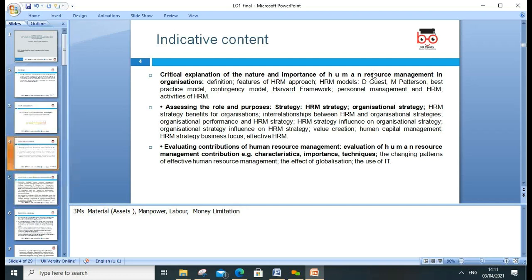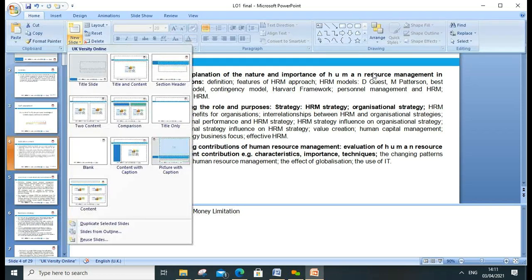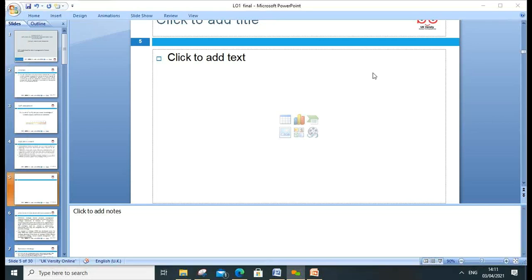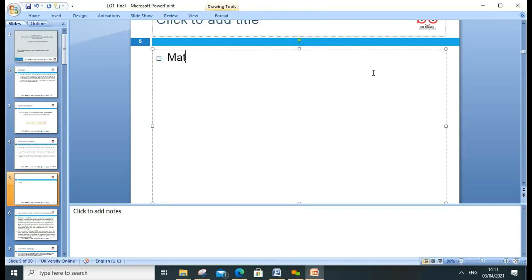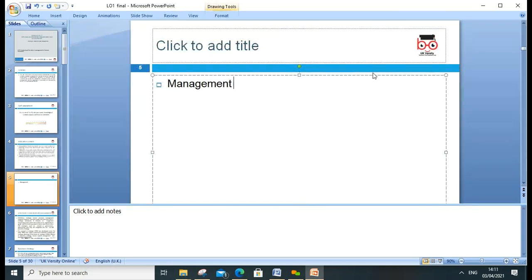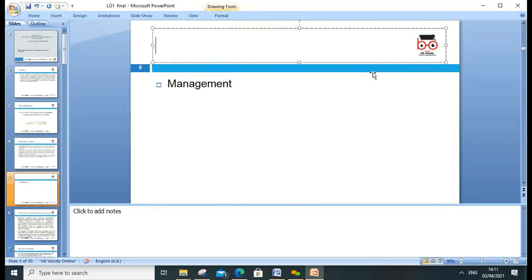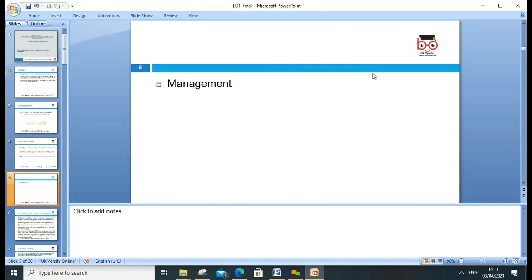Does anyone know the definition of management? What is management, please? You can chat in the chat box as well if you can't properly hear, or if there is a mic issue. Anyone can define what management is, please? Yes, I can hear you, but there is a voice issue, so you can even chat. Sorry, your voice is a bit broken, so I can't hear properly. Maybe it's a signal issue at your end.